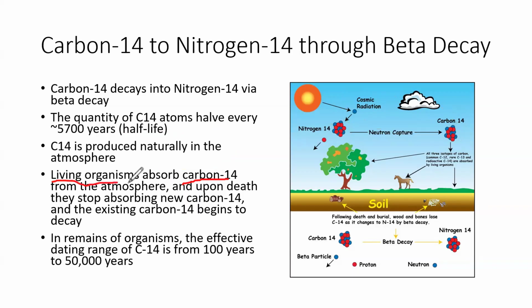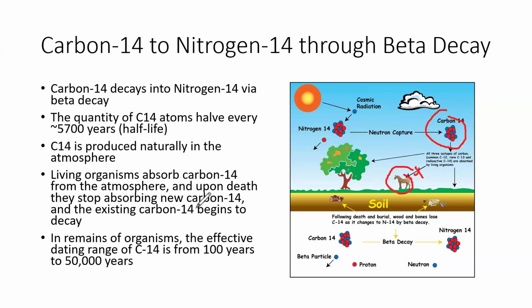And living organisms, of course, consume a lot of carbon. Most of our food is composed of carbon atoms. However, once an organism dies, it ceases to have the ability to eat anything. So a dead horse cannot eat anything anymore. It will stop accumulating carbon-14.